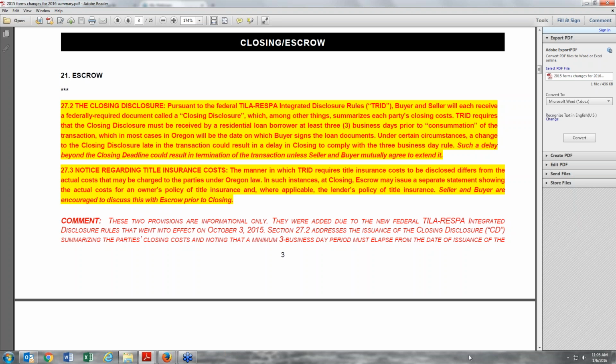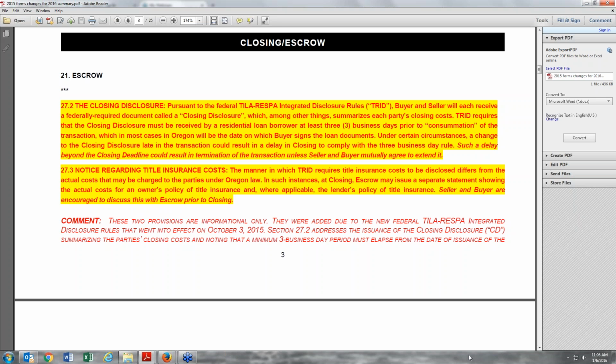If the situation should present itself, though, the problem is that in our sale agreement we do not have a safety net that says that if there's a TRID-driven change that requires a reissuance of the closing disclosure, the closing date will be extended. We don't have that provision.